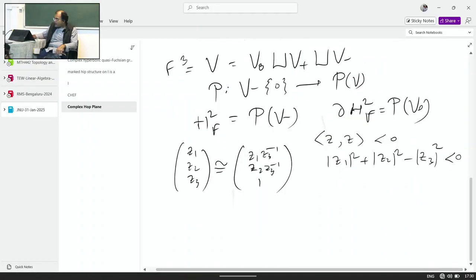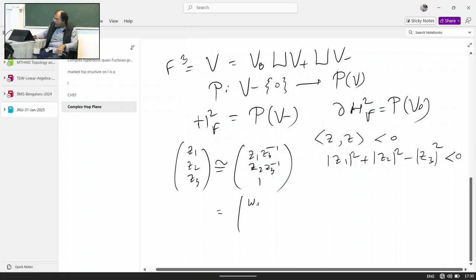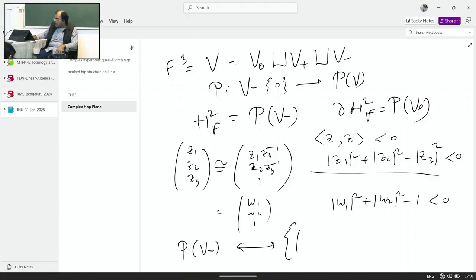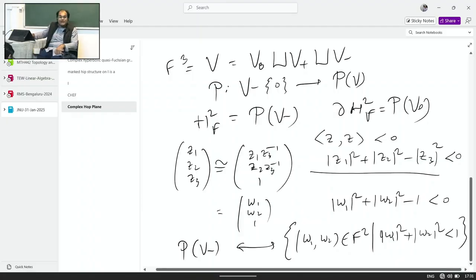If you call it W1, W2, 1, then plugging into this relation gives you W1 square plus W2 square minus 1 less than 0. That means this space PV minus has a one-to-one correspondence with all two-tuples such that W1 square plus W2 square is less than 1.